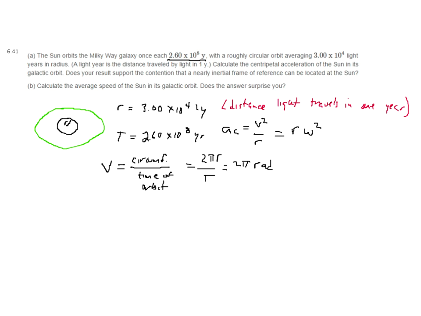So if we want to do this here, the circumference is 2 pi r, where r is the radius, 3.00 times 10 to the 4th light years, divided by the period, which is 2.60 times 10 to the 8th years.